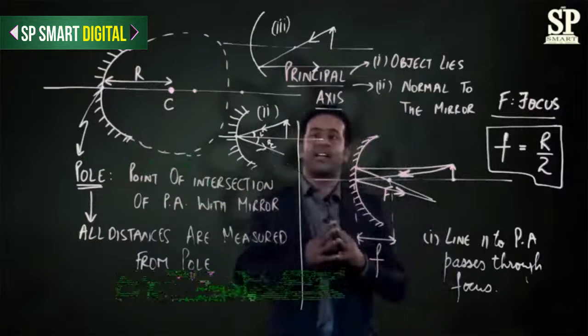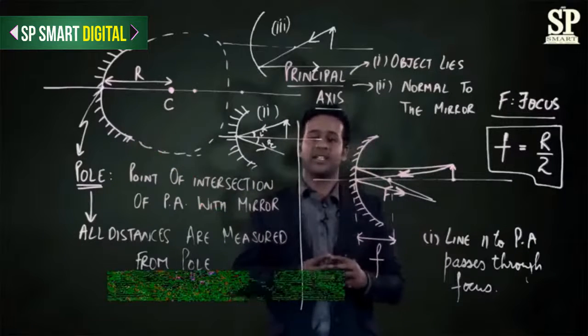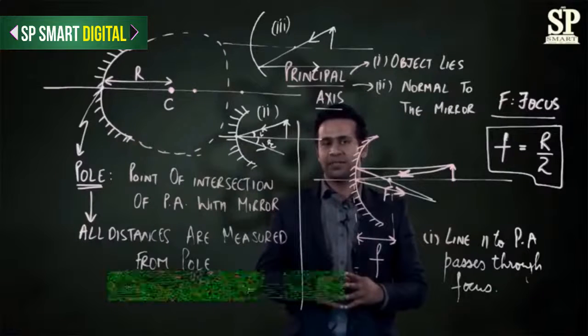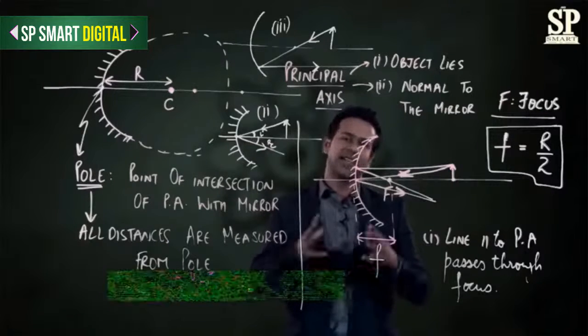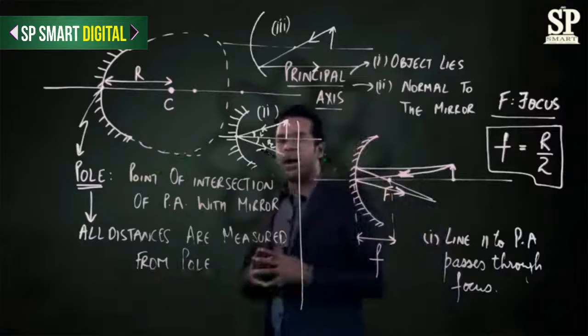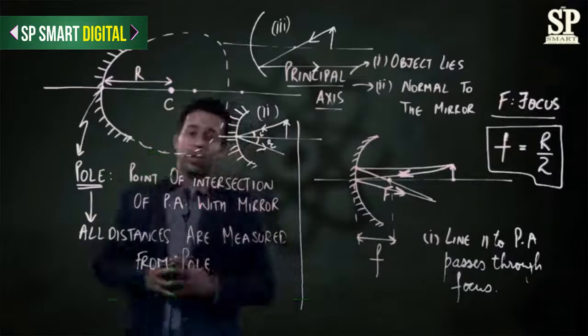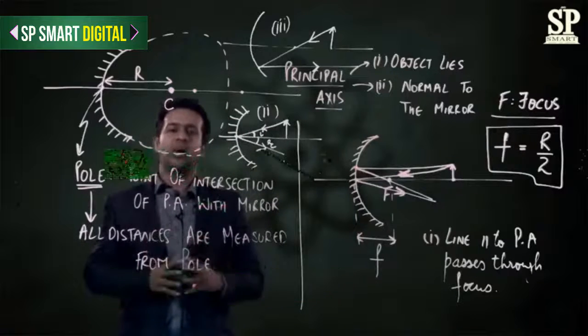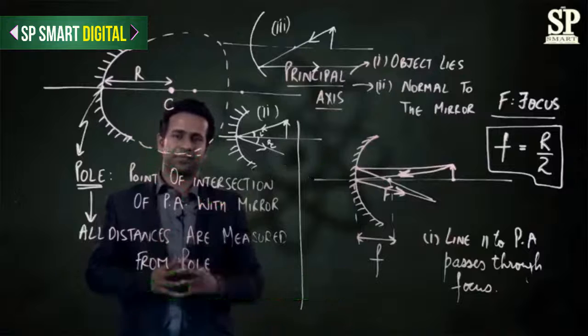Now, we will try to derive the expression which relates the object distance and the image distance. But we will do that in the next session. So in this session, we learned about spherical mirrors. We learned that spherical mirrors are made by cutting out a piece of a sphere.